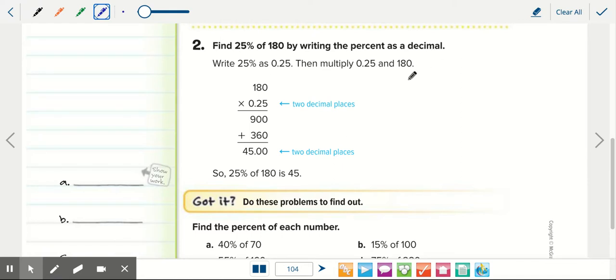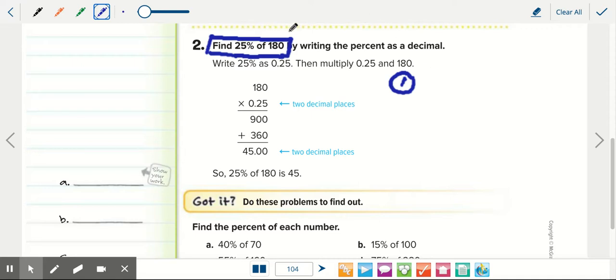And again, we're going to write our steps. Again, when we are finding percent of a number, see this? Find 25% of 180. When I'm given a problem that looks like this, find the percent of a number, we learned that the word "of" is like times when it's next to a fraction, or when it's next to a percent too.